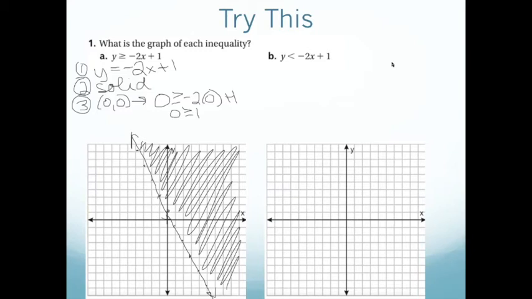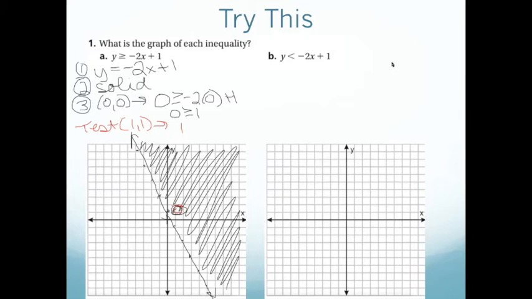Those are our solutions. If I pick any point on that half plane that we just shaded, I should get a true statement. So for example, if I picked the point 1, 1, let's just test it. I should be able to get a true statement.